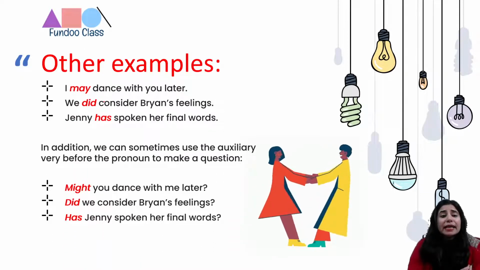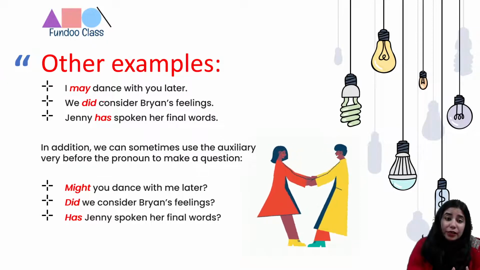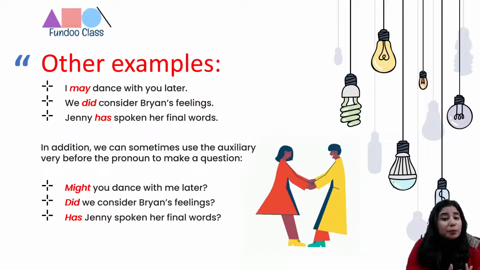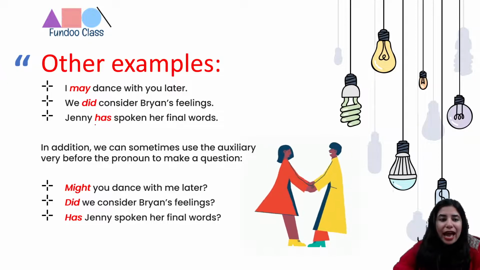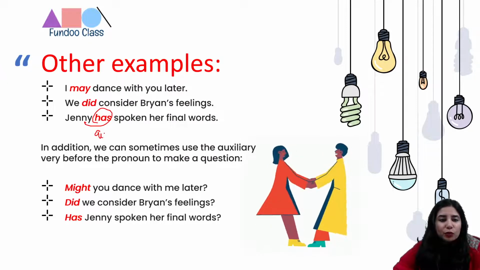Now, when I say I may dance with you later, here I am using may to talk about a possibility. We did consider Brian's feelings, so again, did is what? It is an auxiliary verb. Jenny has spoken her final words, so if you see, has is again an auxiliary verb, right?